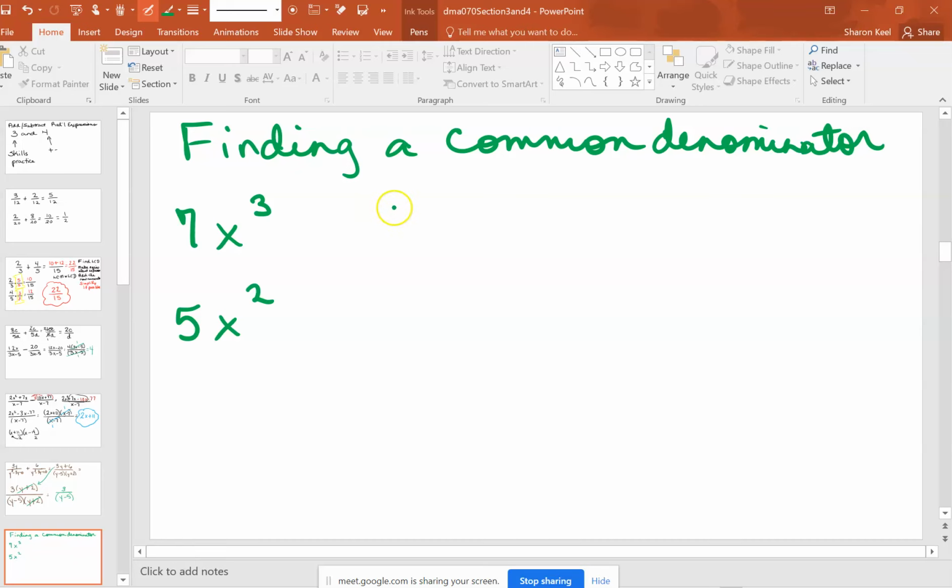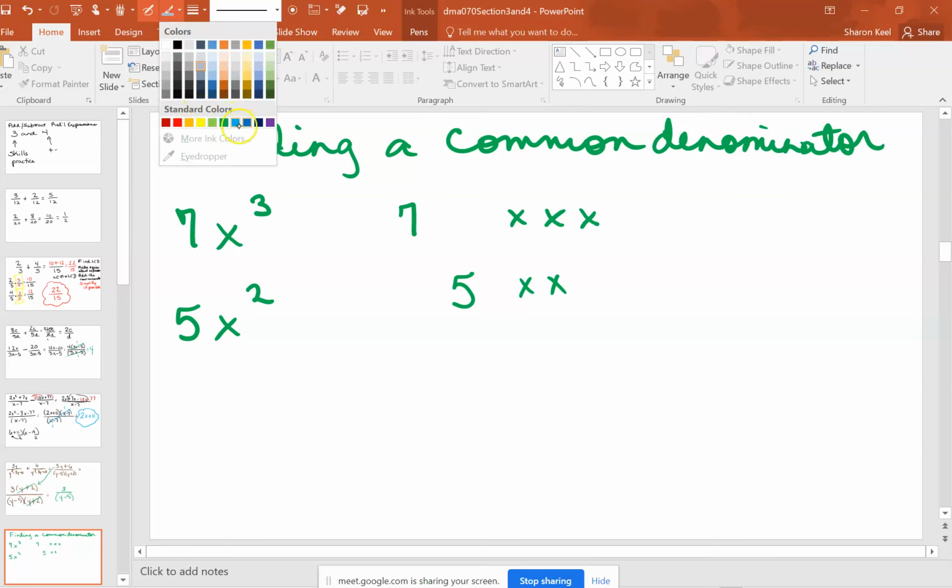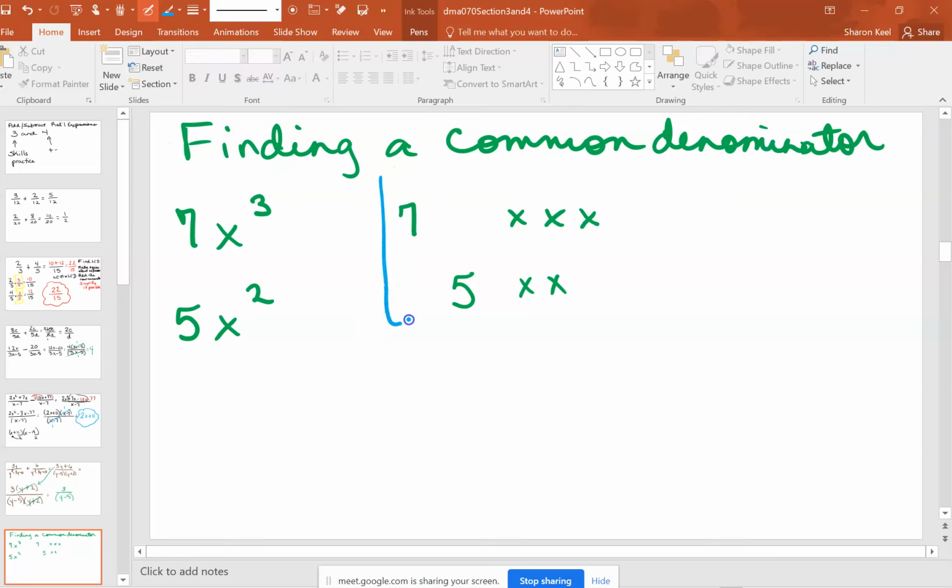So in the first one, I have a 7 and I have 3 x's. In this next one, I have a 5 and I have 2 x's. So once I factor the denominators I've been given, I've got to have a 7, I've got to have a 5, because I've got to have every factor in it.